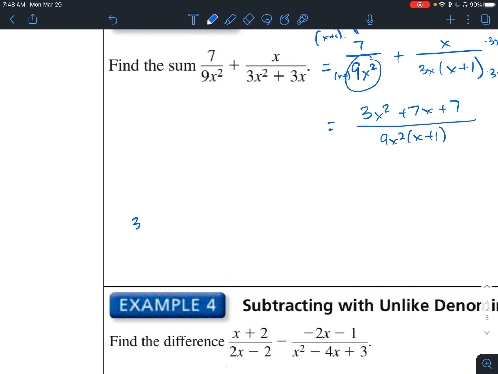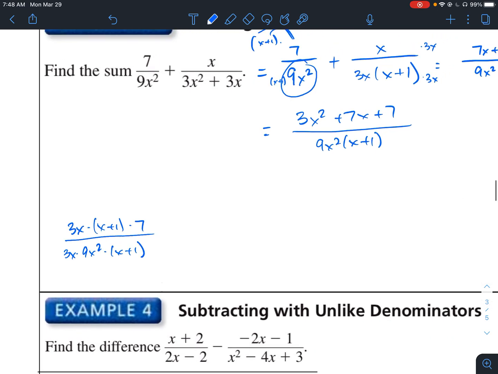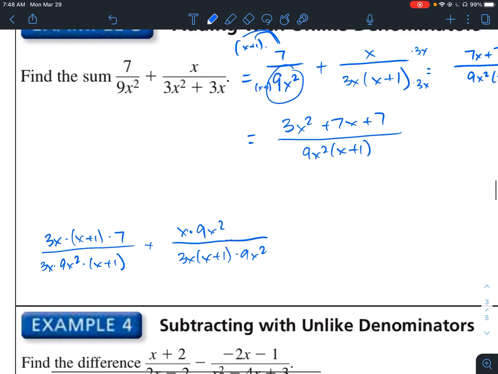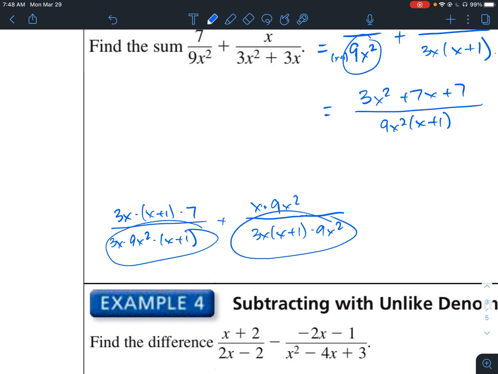So I'd have to do 3x times x plus 1 times 7 over, and then I'd have 3x times 9x squared times x plus 1, and then plus, and I'd have to multiply this side by 9x squared, so x times 9x squared divided by 3x times x plus 1 times 9x squared.